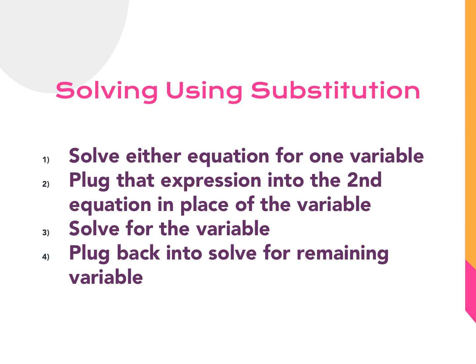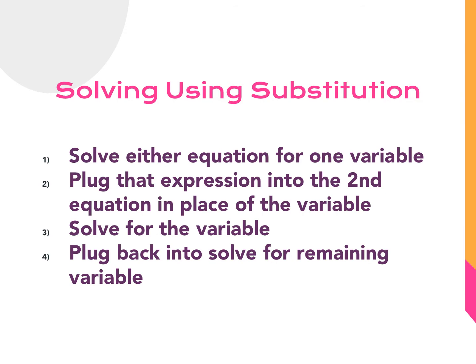For the method of substitution, what we're going to do is solve either equation for one of the variables. For the variable I solve for, I'm going to try to choose one that does not have a number in front, so it has a coefficient of 1. Once I rearrange that, for example, into y equals mx plus b form, and get the expression for that variable, I'm going to plug it back into the other equation.